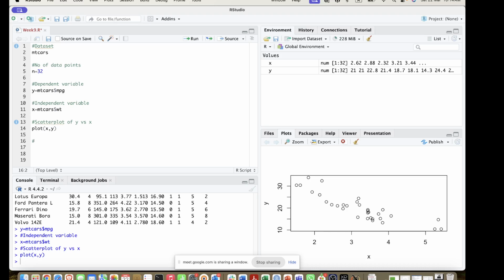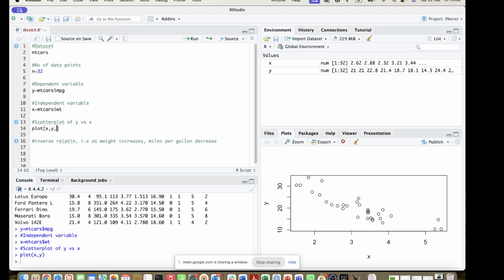So here we see an inverse relation, that is as weight increases, miles per gallon decreases, and this looks like an expected behavior.